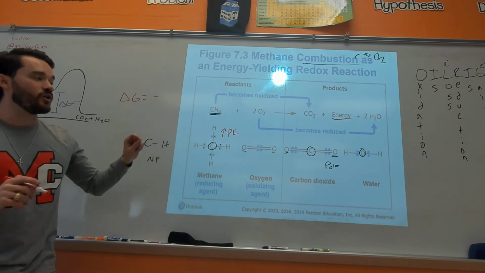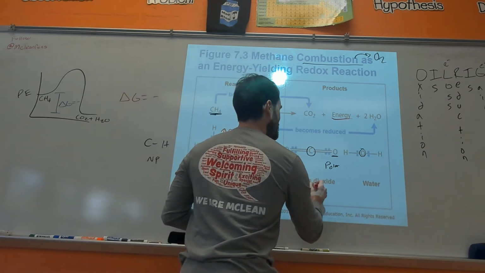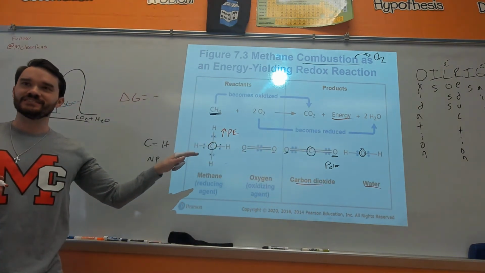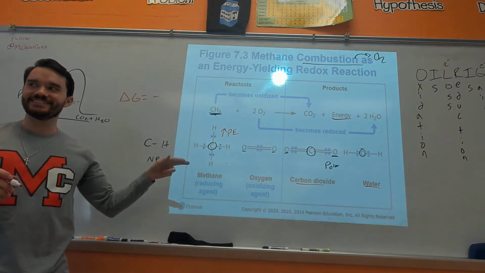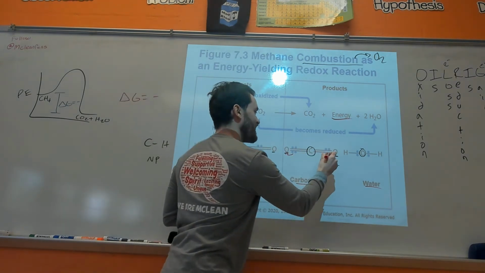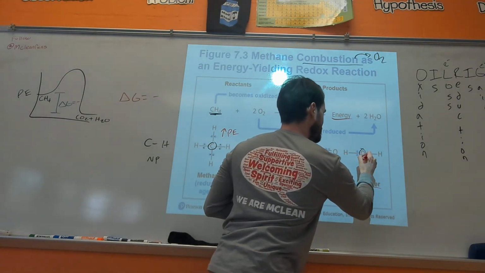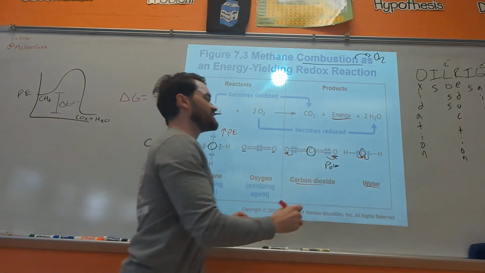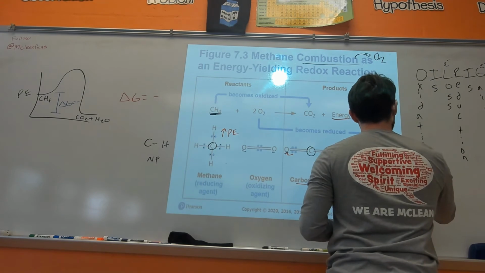All right? Now, going to the products, carbon dioxide and water, what do you notice about their electrons now? Now they are committed. Now these electrons are committed to the oxygen. So that's why the potential energy goes down.